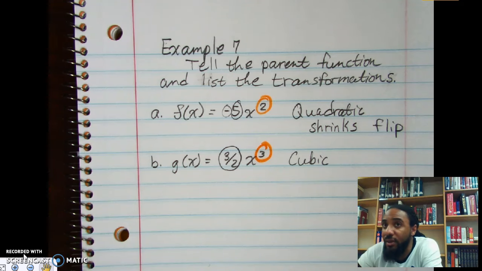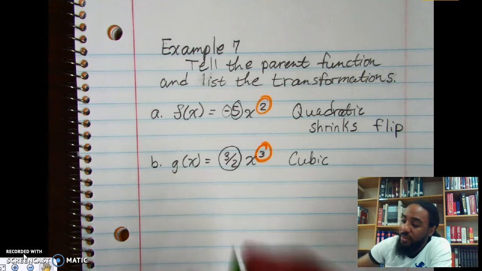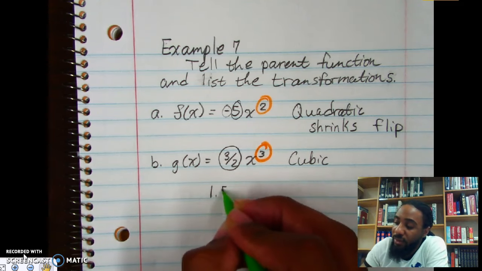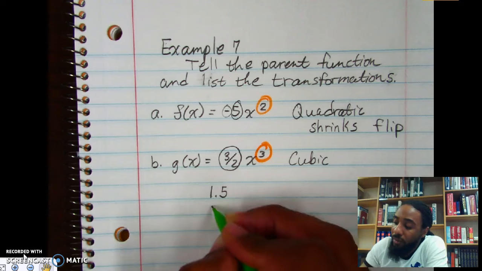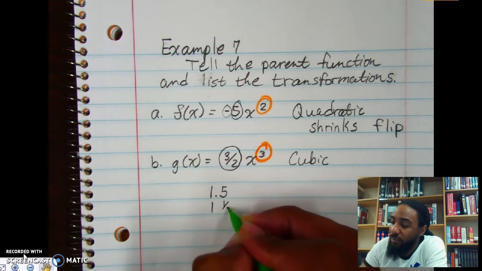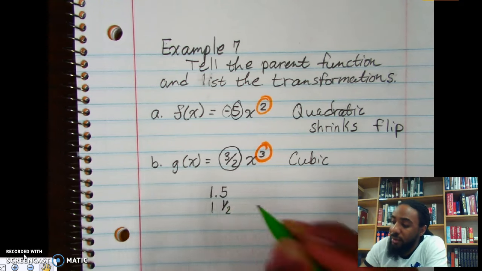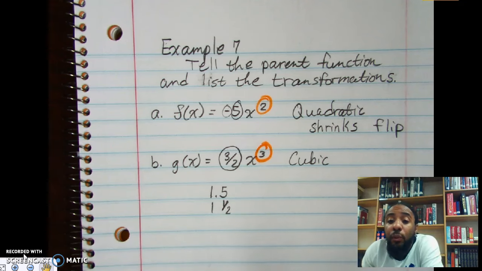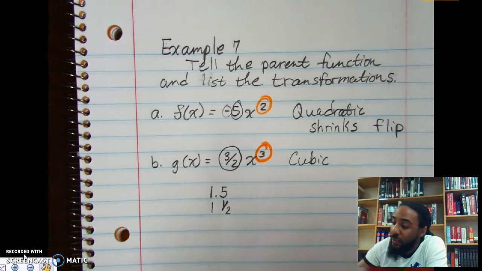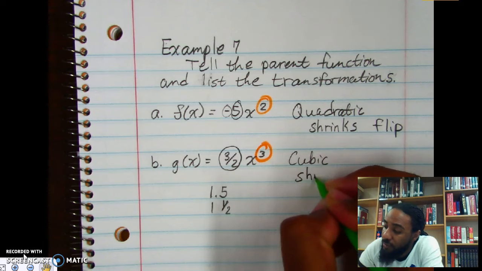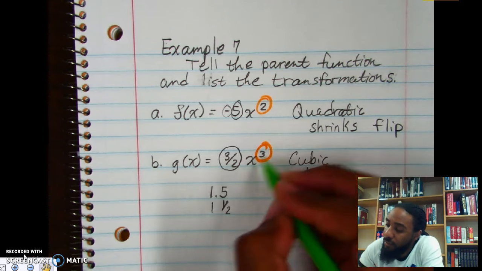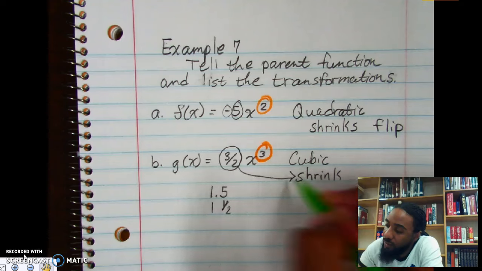And if you have to think about that, you know that's actually like 1.5 if you put in the calculator, or 1 and 1/2 if you make it to a mixed number. So that is greater than 1, so that means that it's going to shrink. That means it's going to shrink right there.